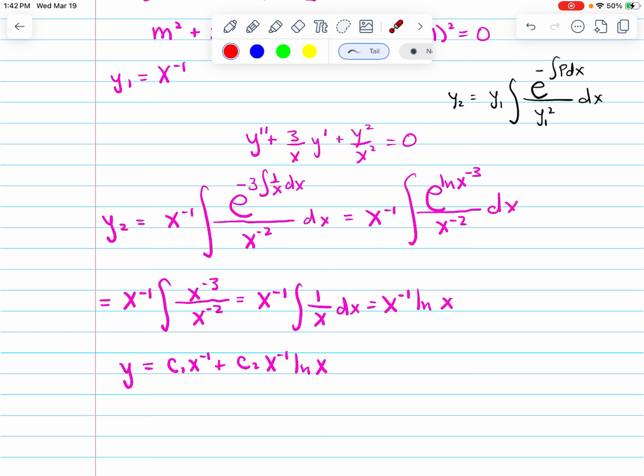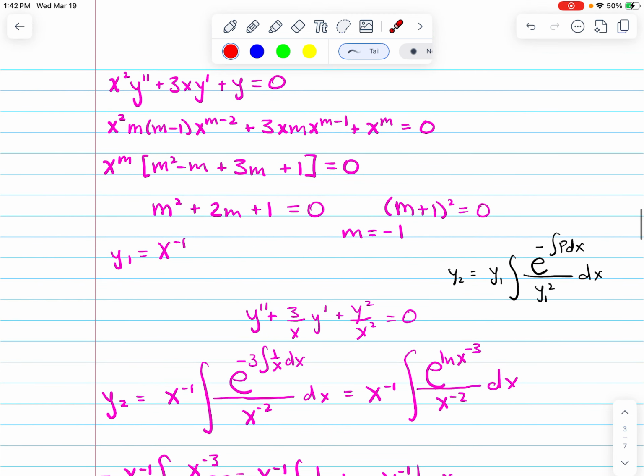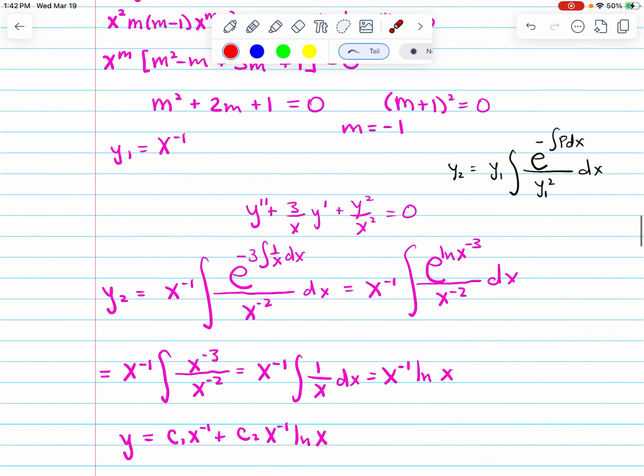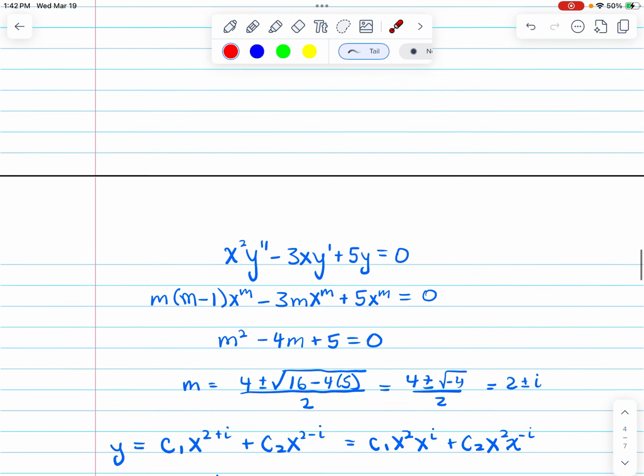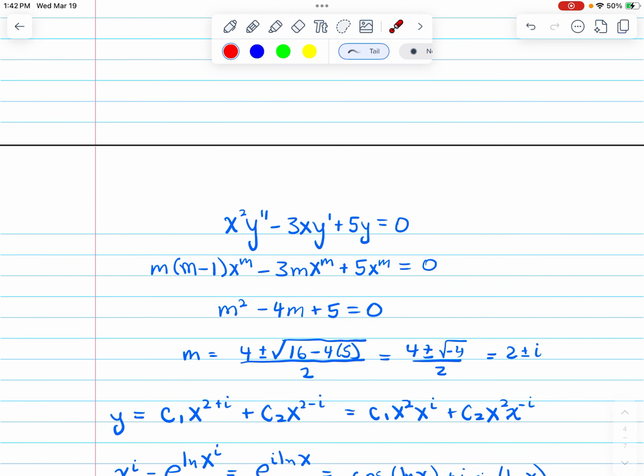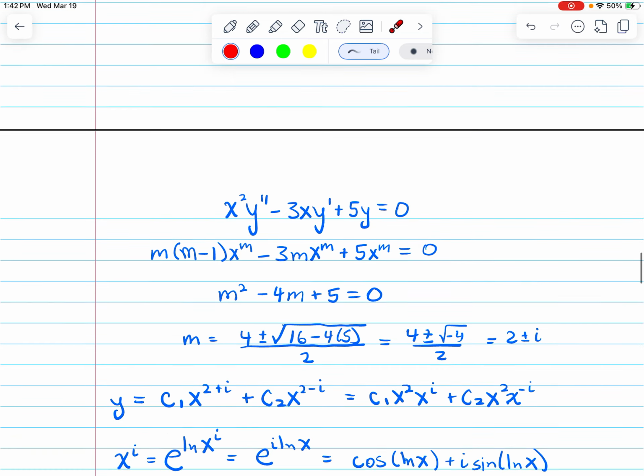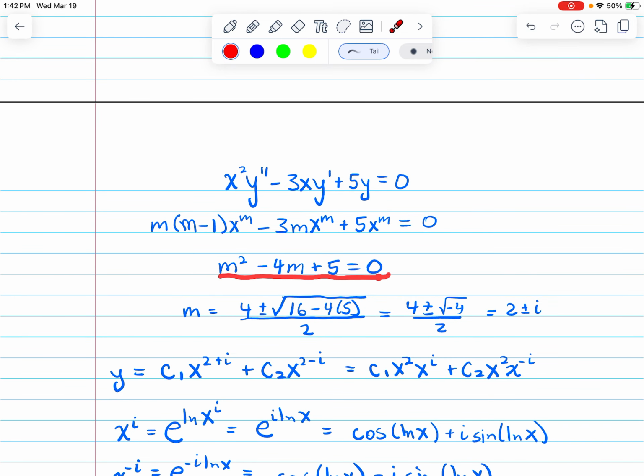Okay, now, so we've seen what happens when you have two distinct values for m, and then we see what happens when you have one value for m. Okay, so now let's look and see what happens when you have complex values for m. So let's look at this differential equation. We go through and we end up with this equation where we're solving for m.